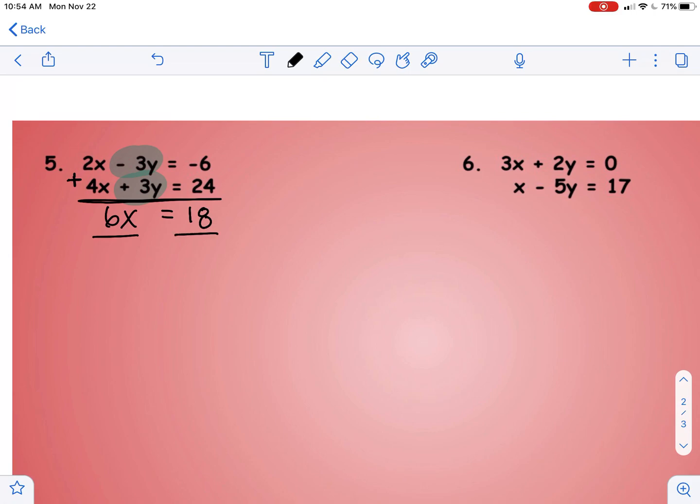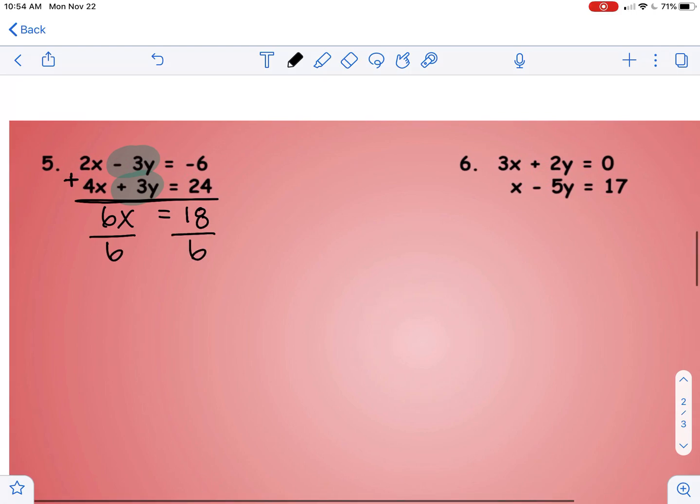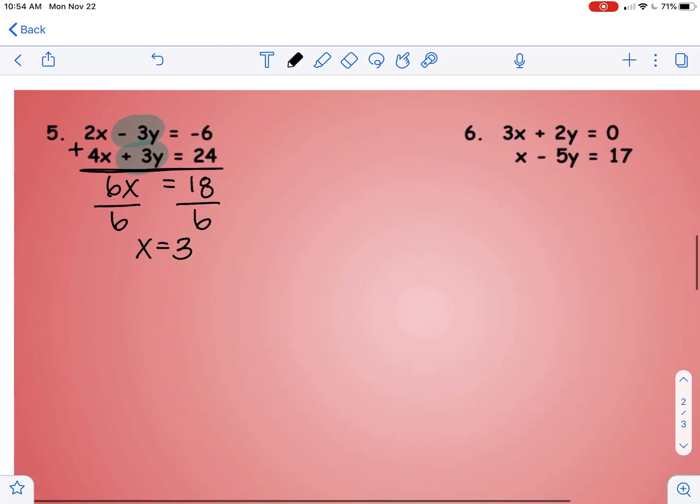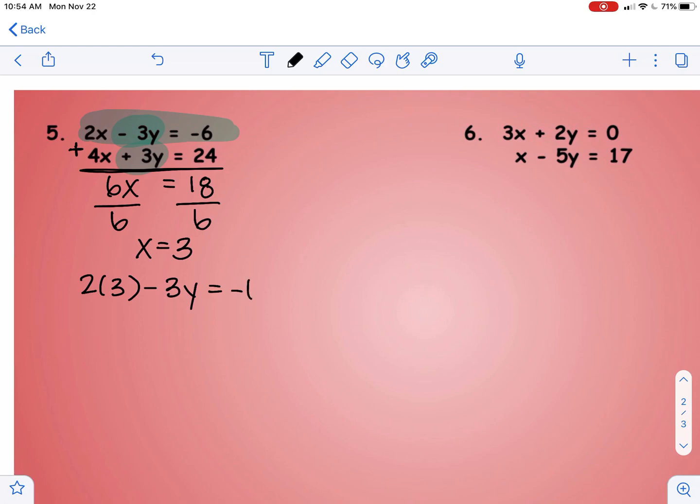So I'm going to divide both sides by 6 to get x is equal to 3. And then I'm going to use this top equation up here, and I'm going to go ahead and do 2 times 3 minus 3y is equal to negative 6.